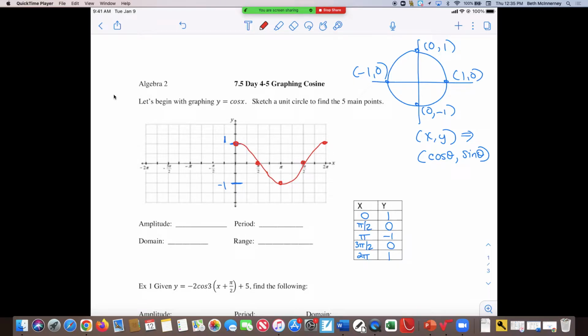And then let's continue this going to the left, like this. So my amplitude is 1, the period is 2 pi, the domain is -infinity to infinity, and my range is -1 to 1.